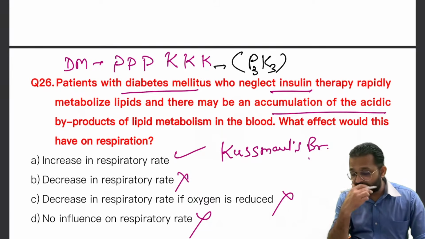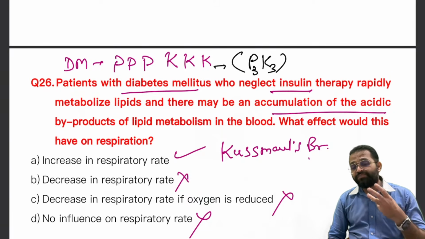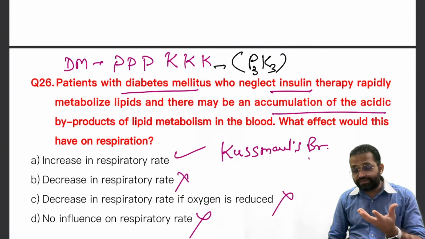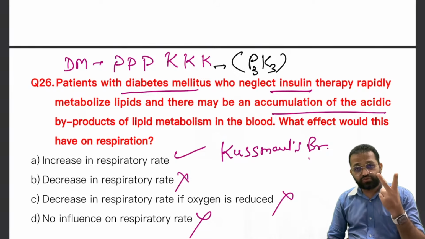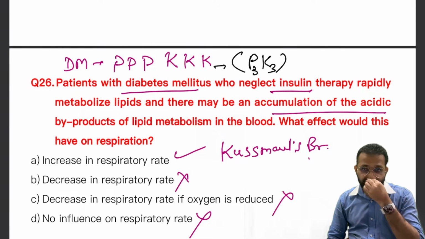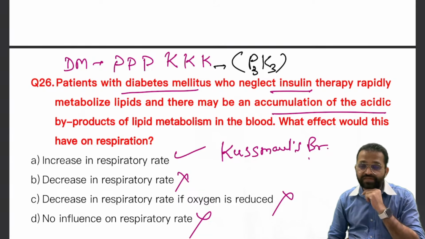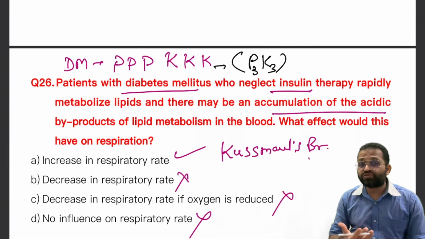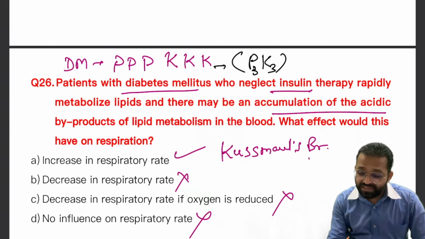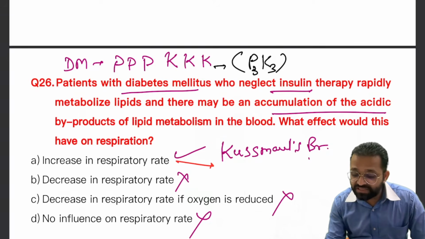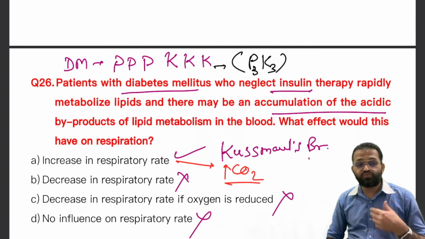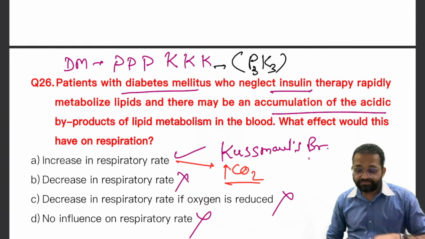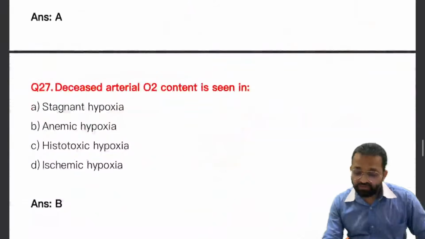These are found in case of diabetes mellitus. 3P: polyphagia, polydipsia, polyuria. 3K: ketonemia, ketonuria, and ketoacidosis. Are you getting? To compensate for this ketoacidosis, there is an increase in the respiratory rate, and whenever there is an increase in the respiratory rate, carbon dioxide is washed out. Done? Okay, sir. Now come to this.